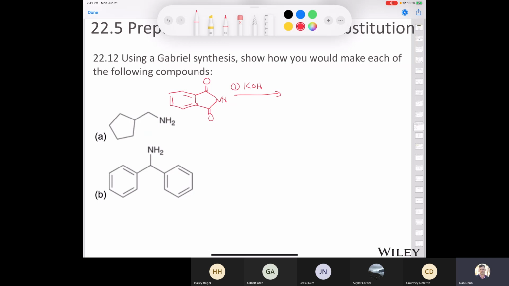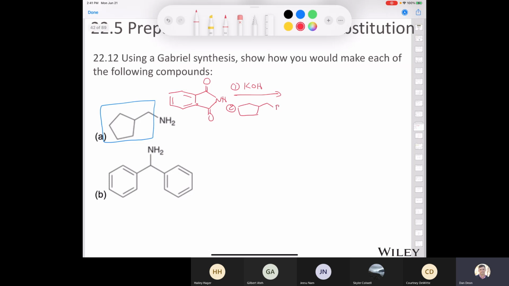All right. So let's see what we got here. First step was to treat it with potassium hydroxide. Remember that all of this portion that I'm going to put in the blue box is going to come from your electrophile. So that means your electrophile has to contain the cyclopentyl group, the methylene, and then you've got to have your leaving group here.